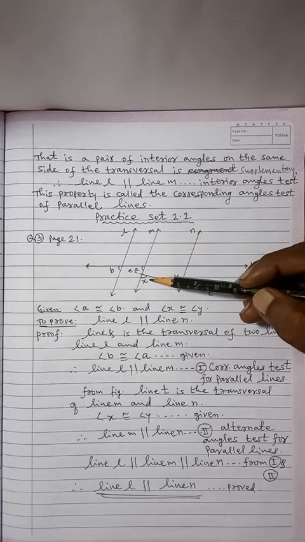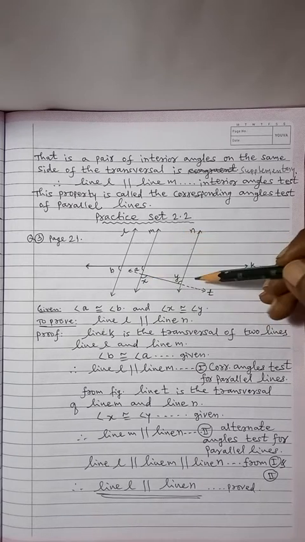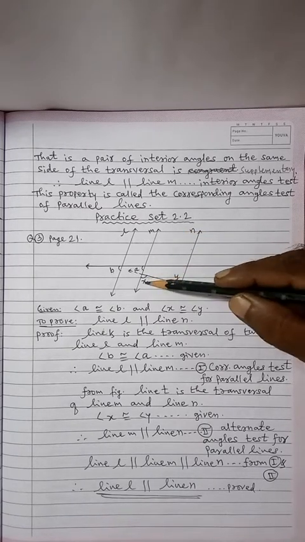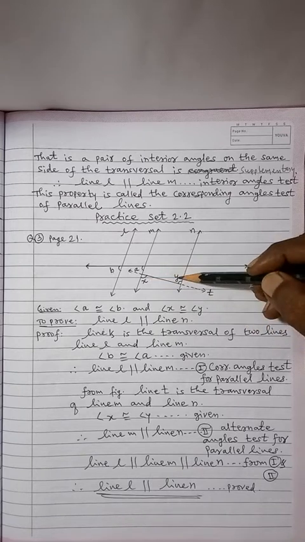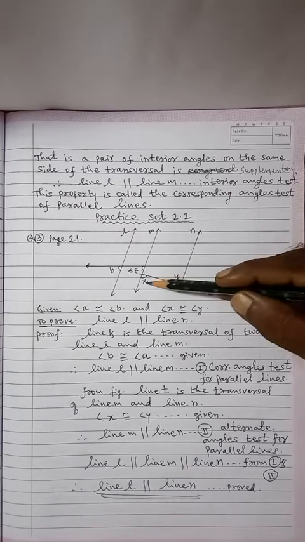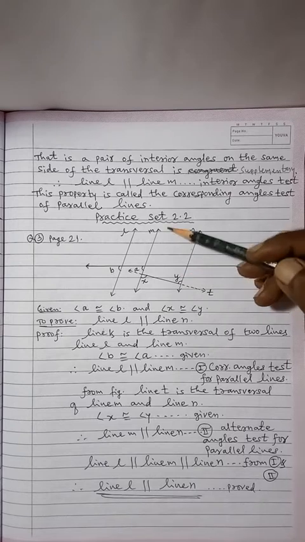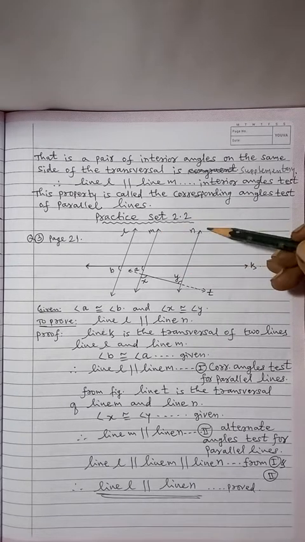We are given that angle X is congruent to angle Y. But here, these are the alternate angles, and these alternate angles are congruent. Hence, by the alternate angles test for parallel lines, line M is parallel to line N. So this is result number 2.